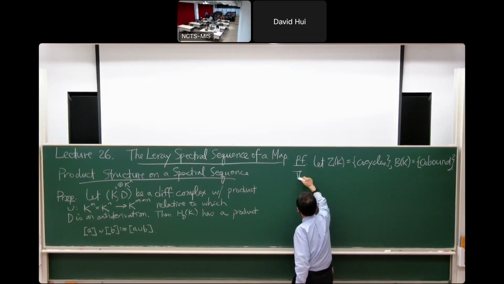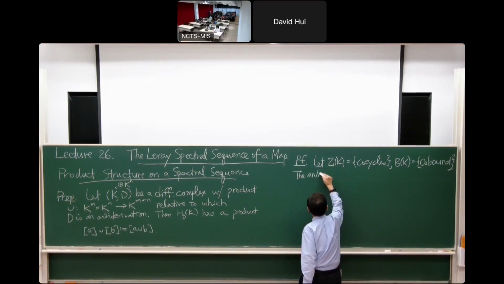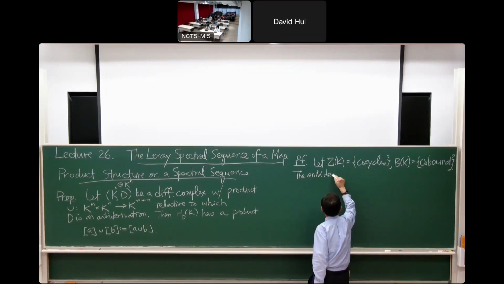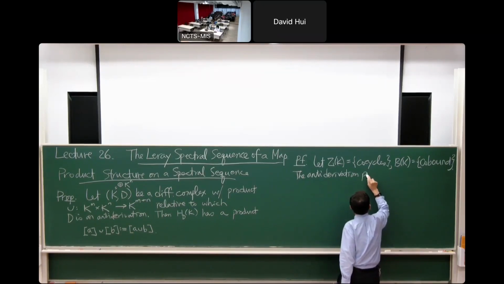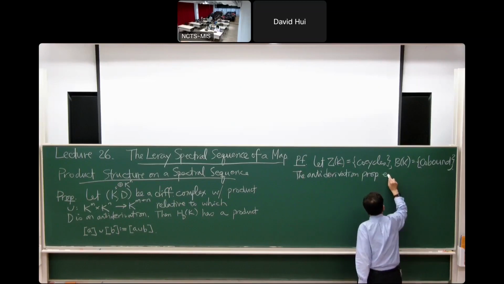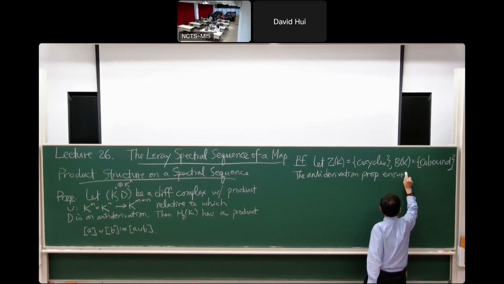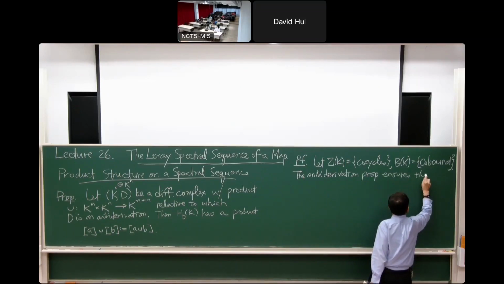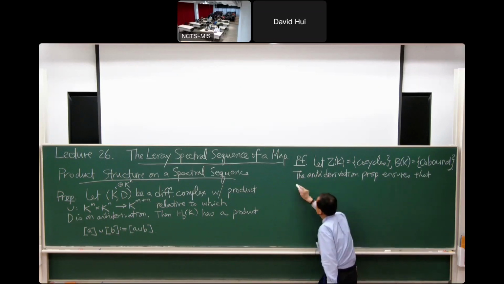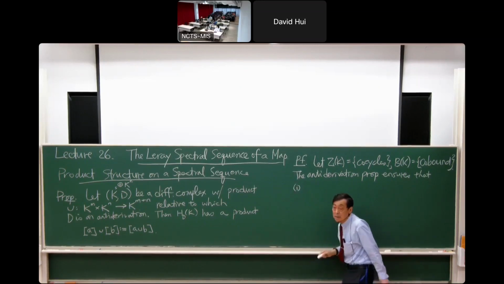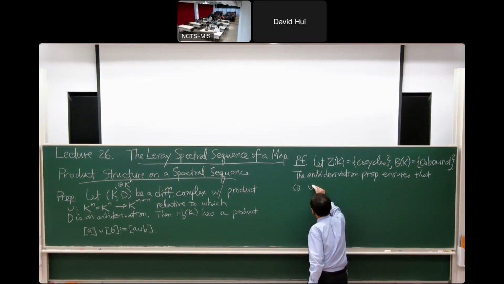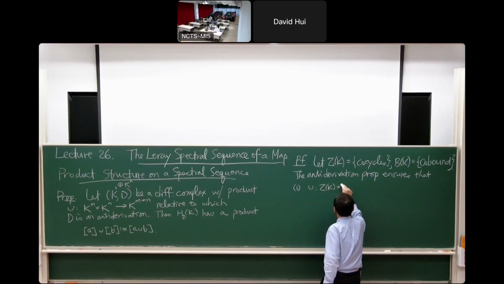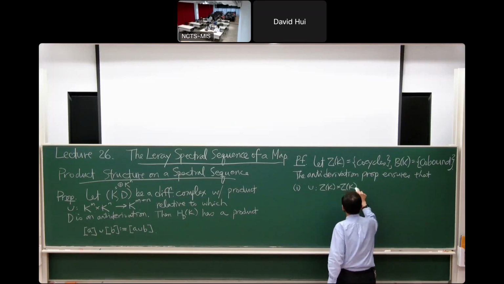The antiderivation property ensures that one, a cocycle times a cocycle is a cocycle.